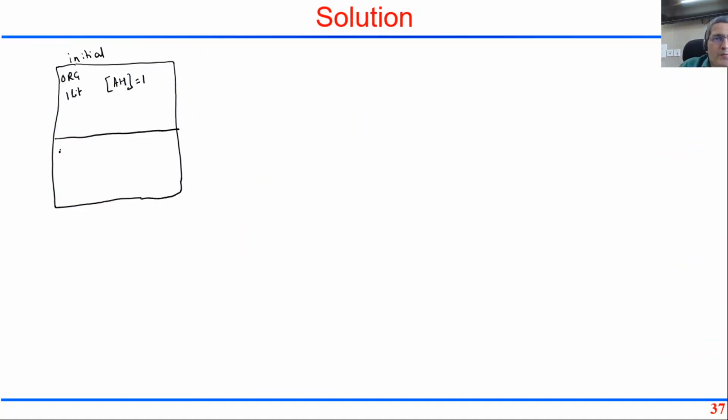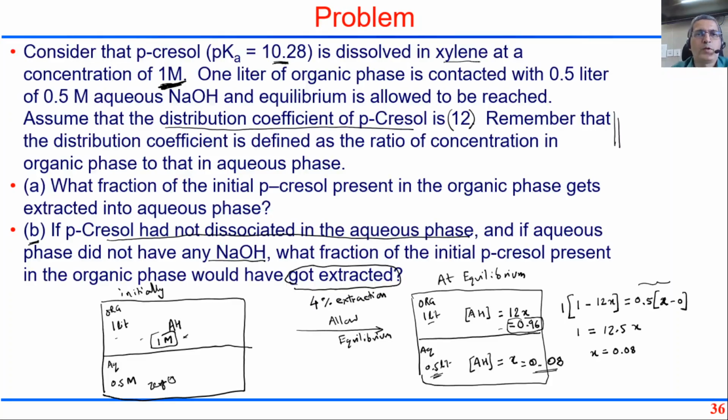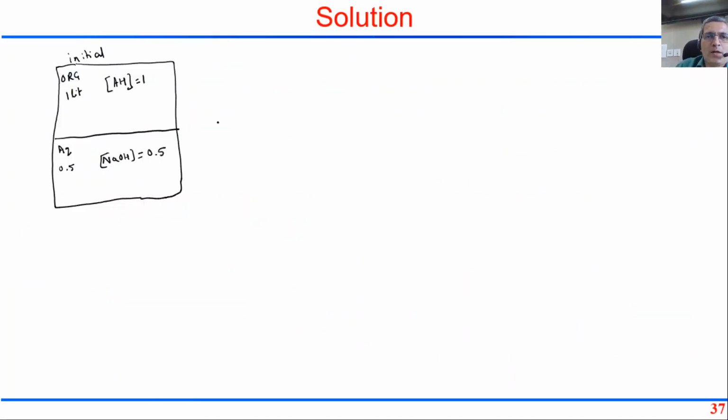Now I have aqueous phase 0.5 liter. I have NaOH, which is 0.5 molar, so 0.5 moles per liter. This is our initial state.